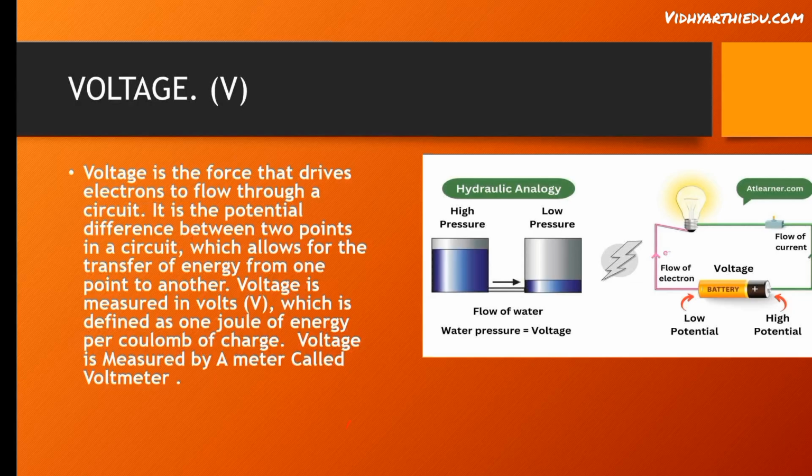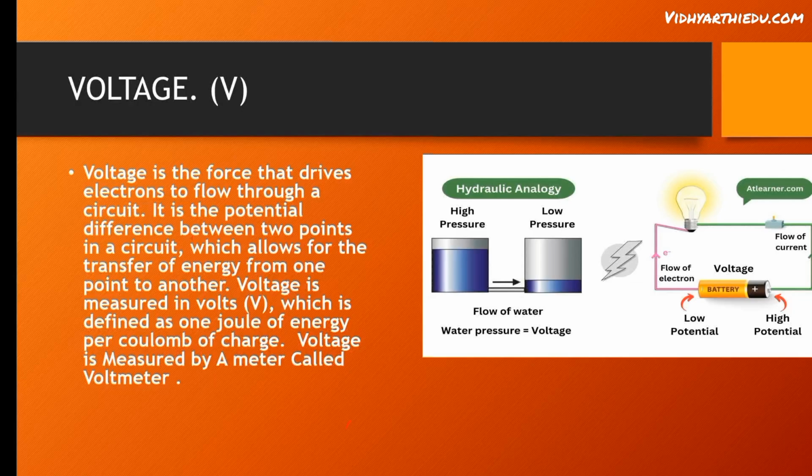So the left side tank has high pressure of the water, and the right side tank has low pressure. Now we are transferring the water from the high pressure tank to the low pressure tank. We can equate this process to the flow of electric current through a conductor.